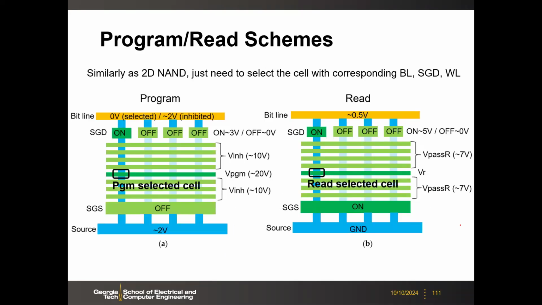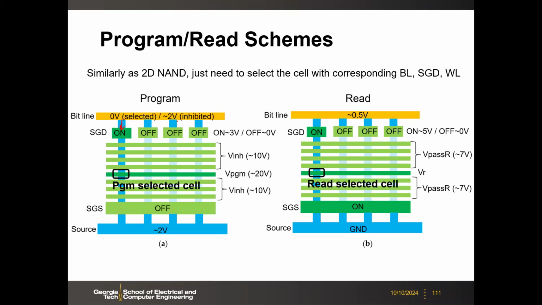So the program and read scheme is similar to the 2D NAND. If you recall, we just discussed, we take the slice, right? If you take the slice, then this becomes like a 2D NAND. So here, the program and erase scheme will be exactly the same as a 2D NAND. For example, for programming, you select the cell, this string, at 0 volts.